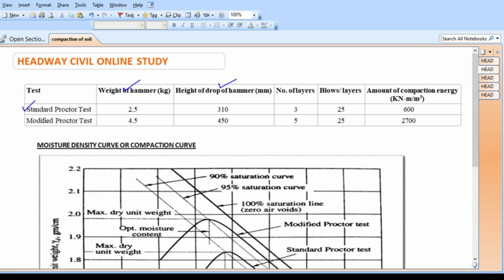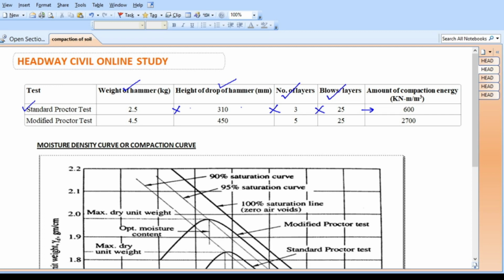The number of layers that we follow here is 3, and the number of blows per layer is 25. If you multiply all this together, 2.5 into this and into this, you just check the units.